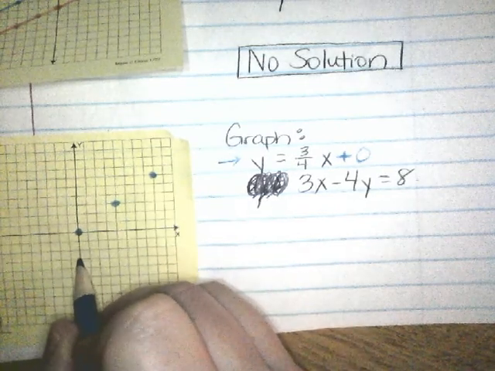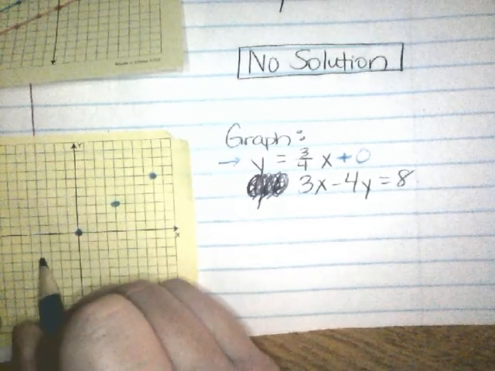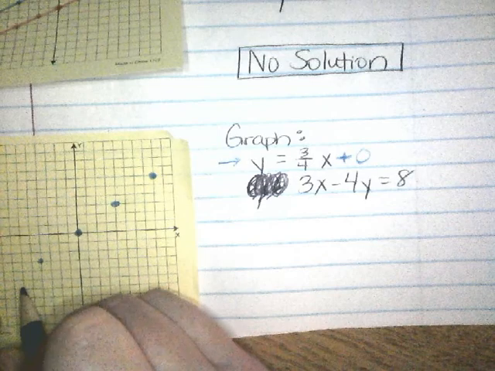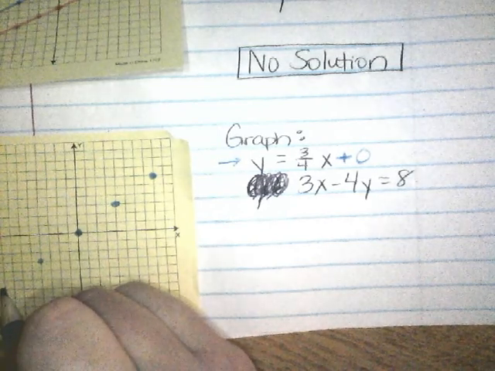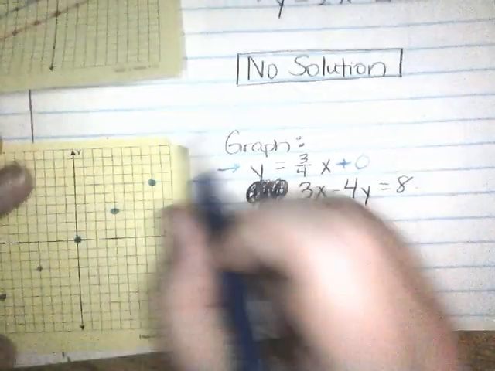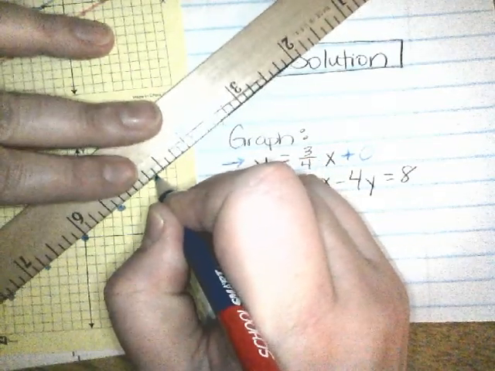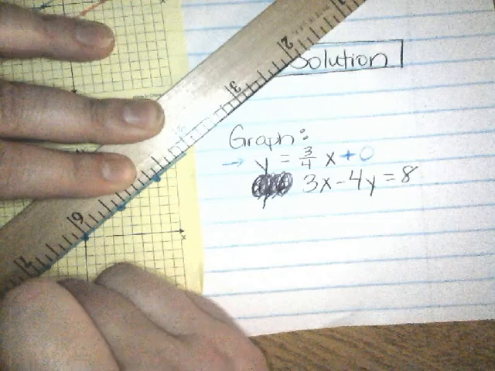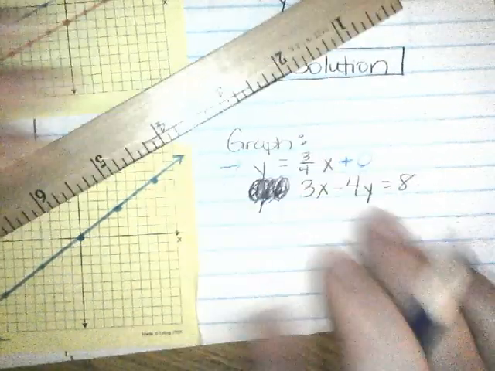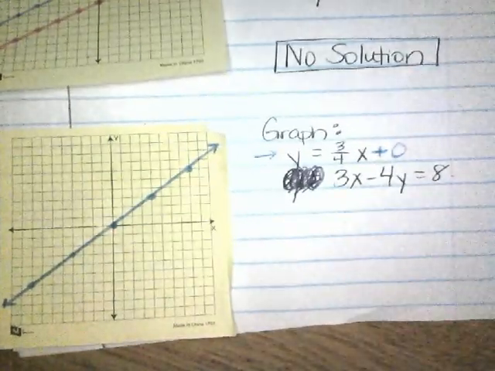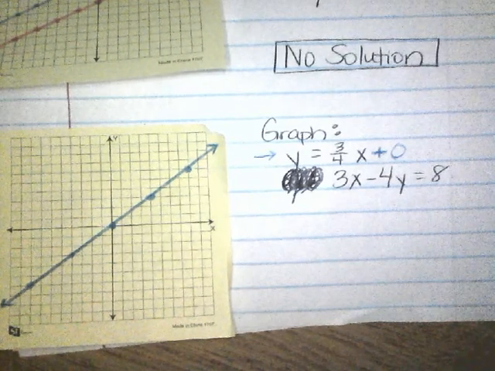I'm left with negative 4y is equal to. Are these like terms? Can I get 5x here? No, they're not like terms. I can't do anything with them other than just rewrite it. So all I'm going to do is 8 minus 3x. I just rewrote it horizontally instead of vertically.